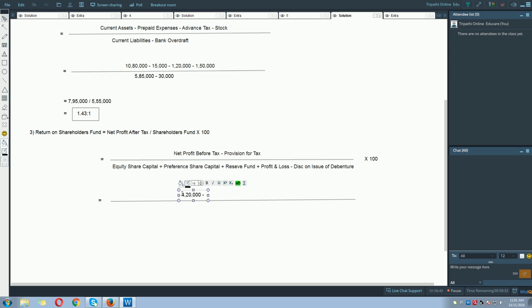We will see net profit before tax minus provision for tax.